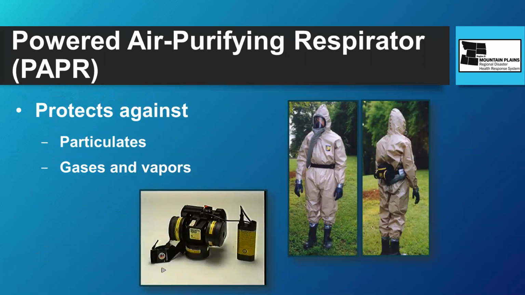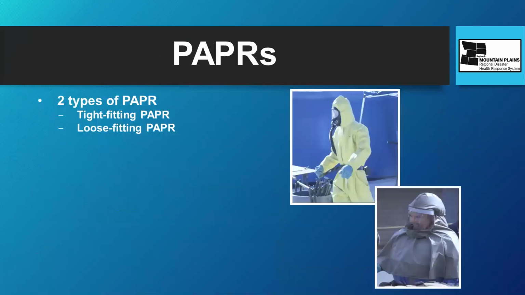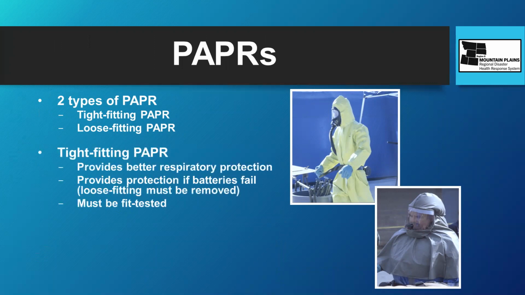Powered air purifying respirators are nice because they protect against particulates, gases, and vapors. You can see in the bottom left image what it looks like. There's a battery pack, a filter canister, and then in the right-hand picture, the tube that supplies air to the wearer. There are two types of powered air purifying respirators, tight-fitting ones and loose-fitting ones.